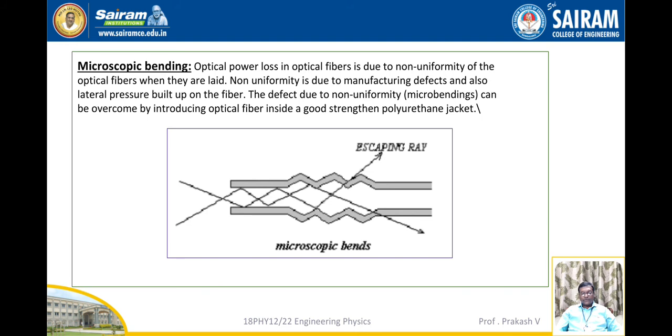The defect due to non-uniformity can be overcome by placing the optical fiber inside a strong polyurethane jacket. Here also, when the signal reaches the microscopic bending part, it will not undergo total internal reflection and simply comes out of the cladding. That is what you can see in this picture.